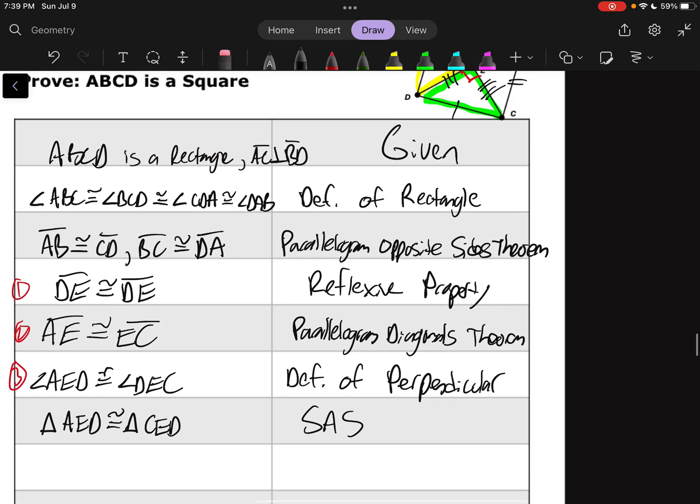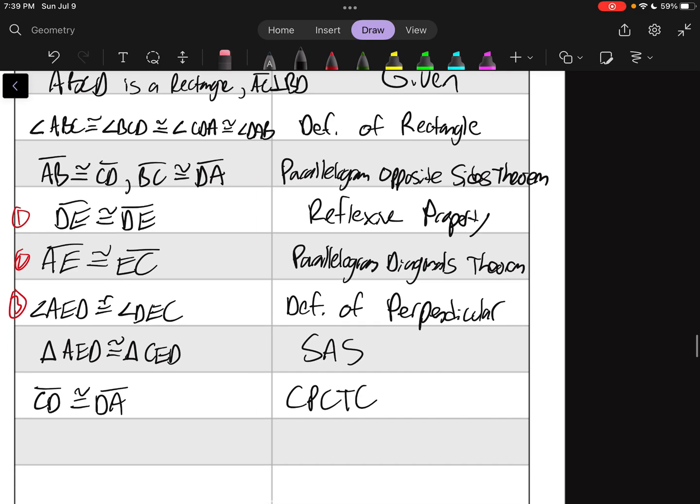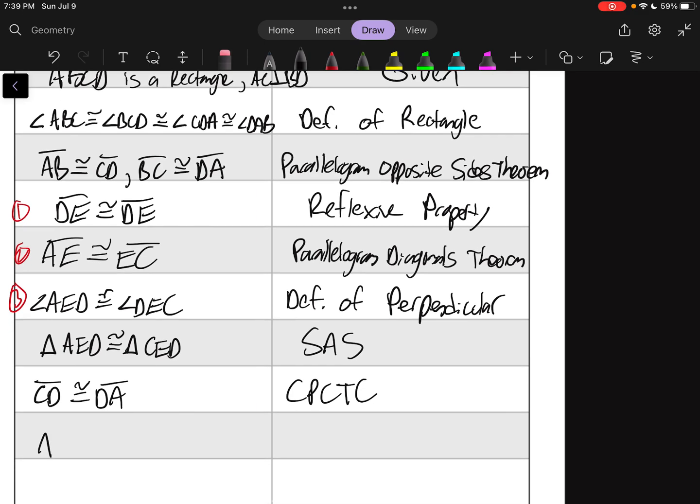And that's going to let me say that CD is congruent to DA by CPCTC. And remember, that was kind of one of our mini goals. Now we know that AB is congruent to BC, congruent to CD, congruent to DA by substitution.